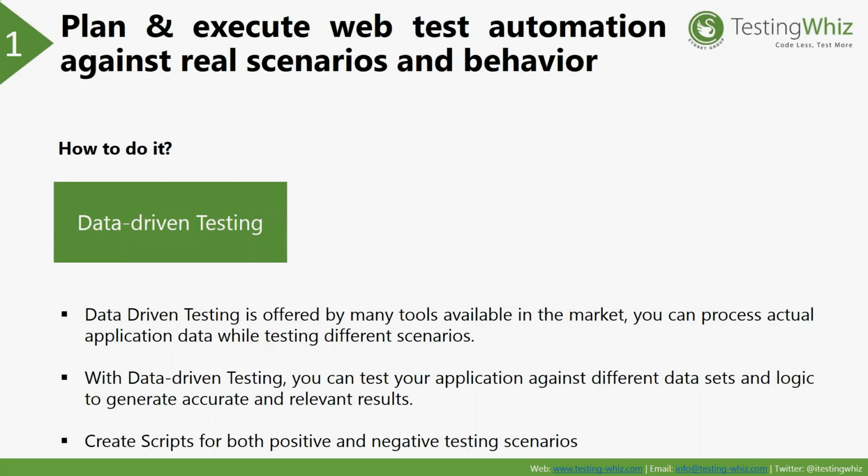This is a very simple test case, but if you are testing this against a validation, or if the field allows you to input that information, then it's very easy to use the same test script and create multiple test data, covering both positive and negative scenarios.